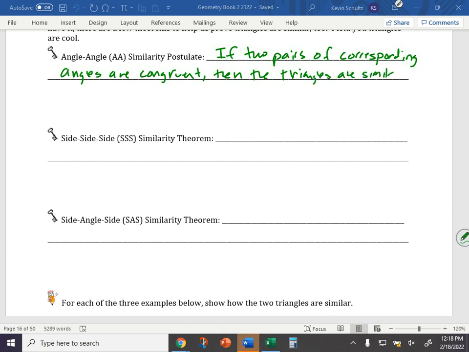If two pairs of corresponding angles are congruent, then the triangles are similar.